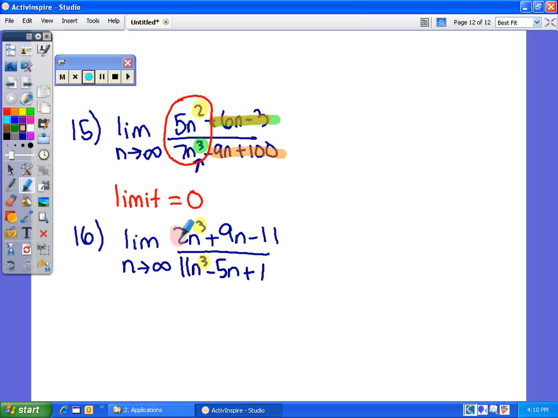So since they're both the same, all I have to do is divide the coefficients. So for this one, the limit equals 2 over 11.